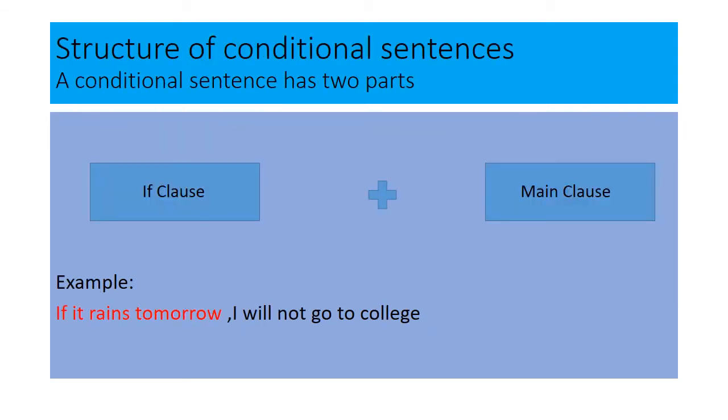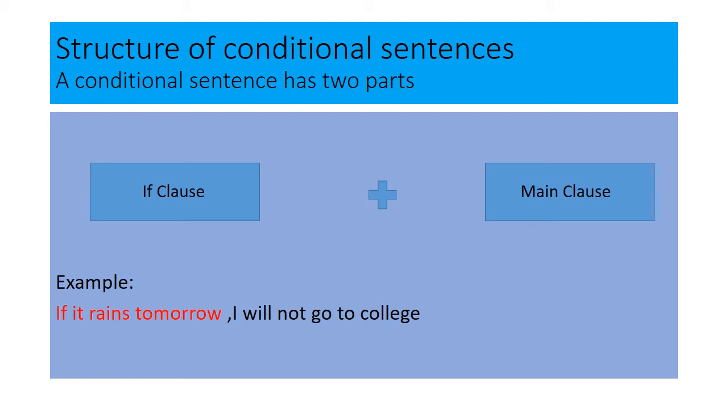Now the structure of conditional sentences. As I have told you earlier, a conditional sentence has two parts. One part is called the if clause part, and the other part is called the main clause part. In the if clause part lies the condition of a sentence, and in the main clause part lies the result of that condition. Let me clarify it with an example. On the screen, you see an example.